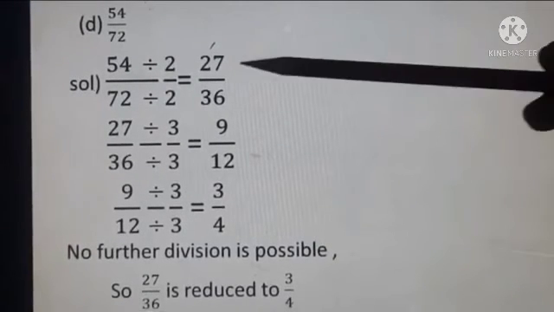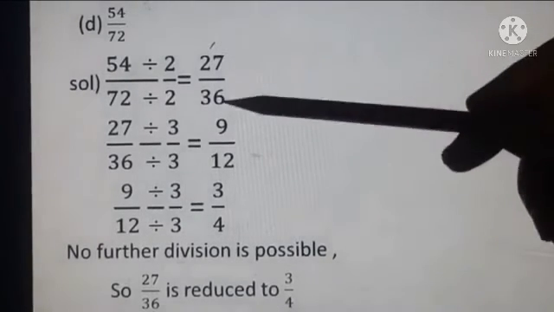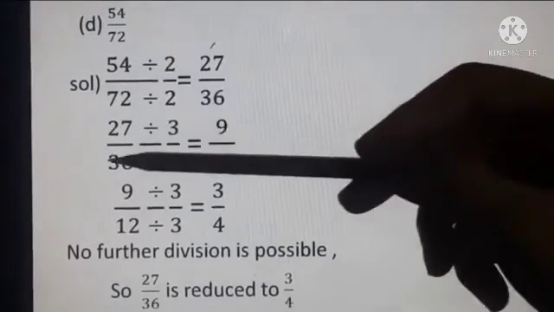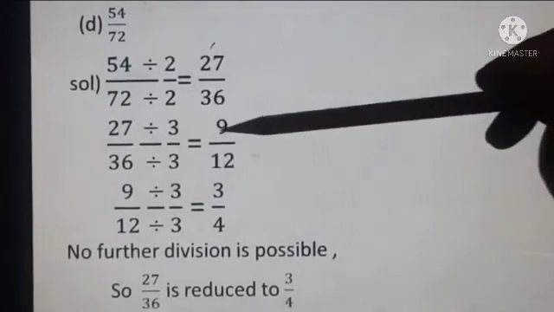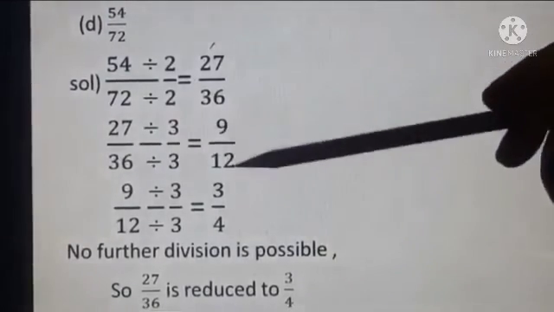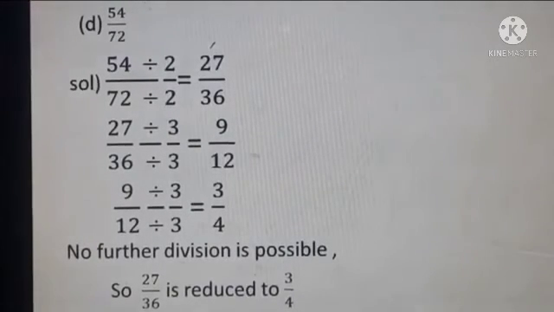अब यहीं से आप देख लीजिए 27, 36. We can convert it again into lowest form because both are divisible by 3. So 27 divided by 3, 36 divided by 3. 3 9s are 27, 3 1s are 3, 3 2s are 6. So now the reduced form is 9 upon 12. 9 upon 12 is again divisible by 3.